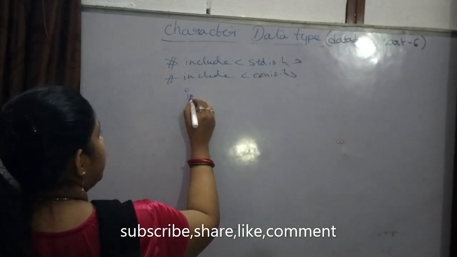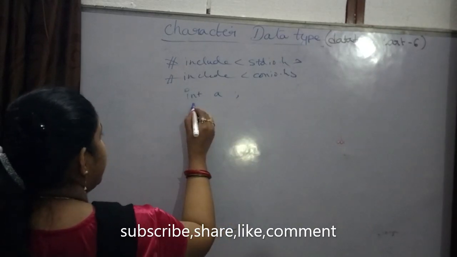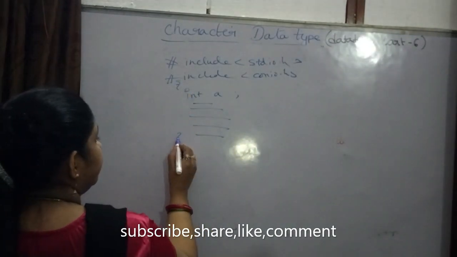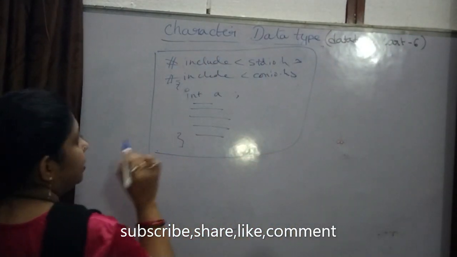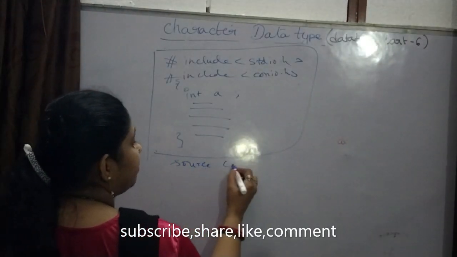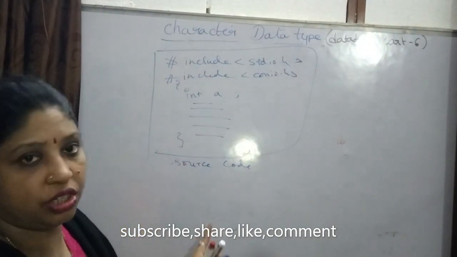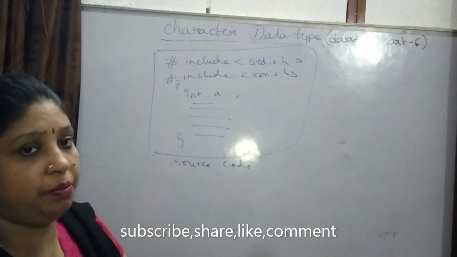And if you write a program, int a, declaration is over, I am writing some steps here, then completed. Now this is nothing but the source code. Now in which language have you written this source code? You have written this source code in English, but this English language cannot be understood by the computer.